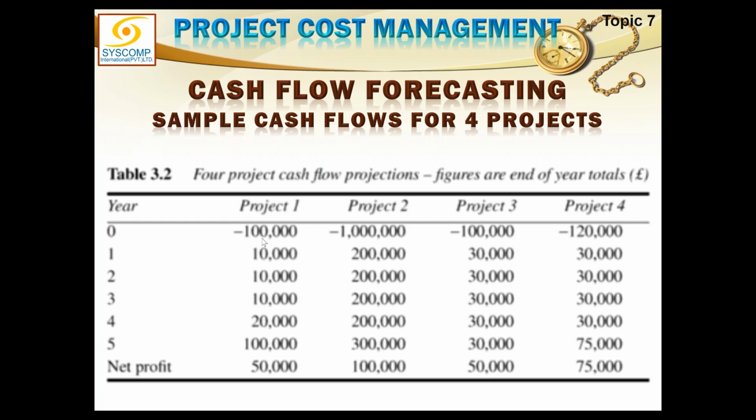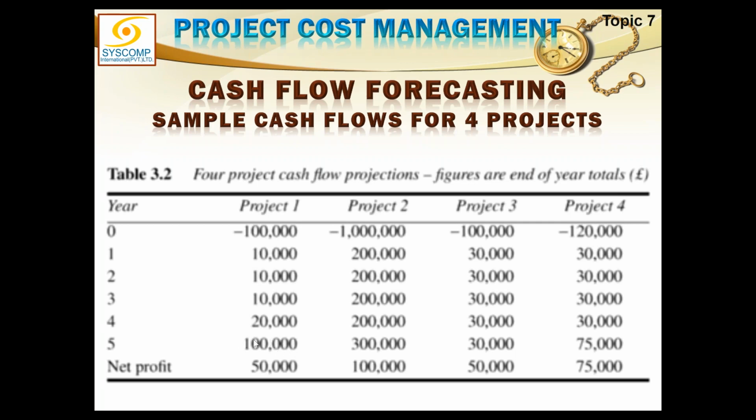Because it is investment, this is the cost, so I am showing it in minus. After 1 year, it is my projection, it is my cash flow that I will be having a revenue of 10,000. After 2 years, another 10,000. At the end of third year, another 10,000. And fourth year, 20,000. And end of fifth year, 100,000.